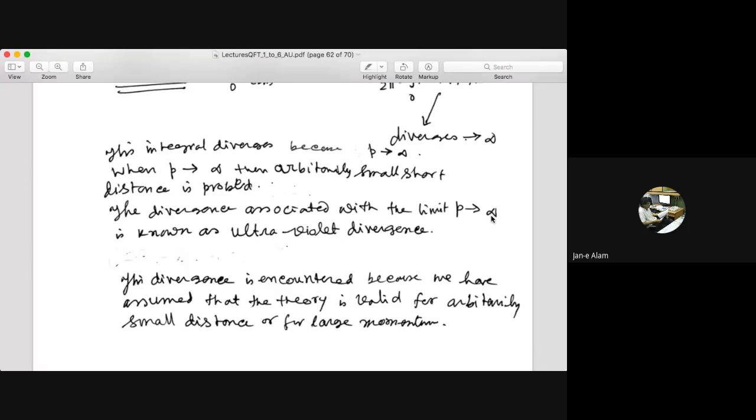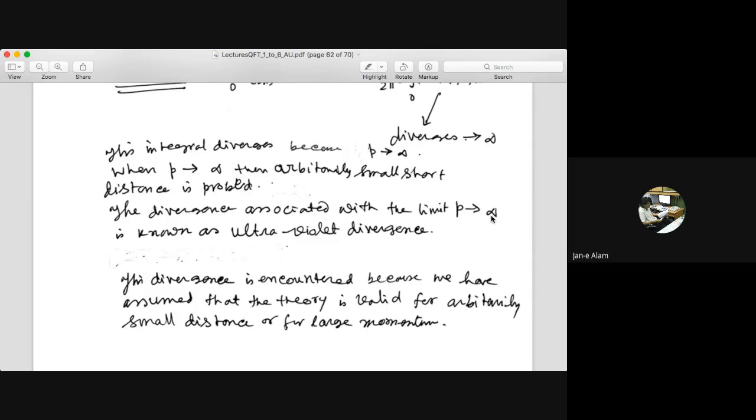So at arbitrarily small distance, the Coulomb potential is not e square by r. That correction term helps you to understand the Lamb shift in atoms. So it has a physical origin also, and this kind of physics will come if you go to higher-order calculations in quantum field theory.